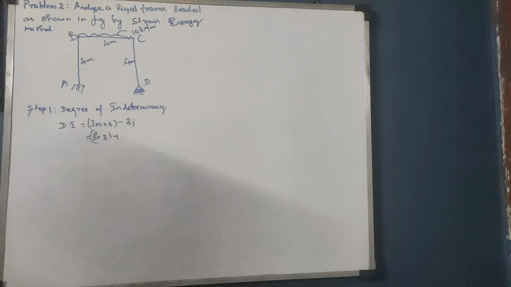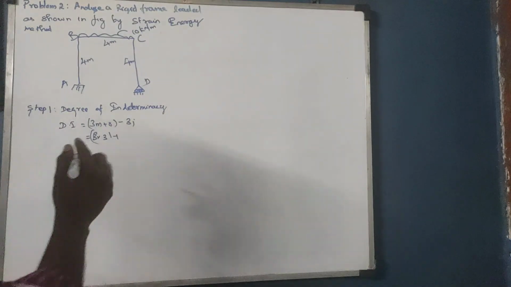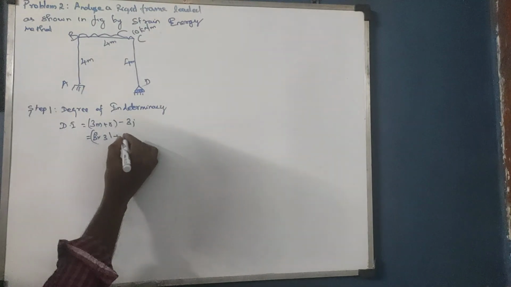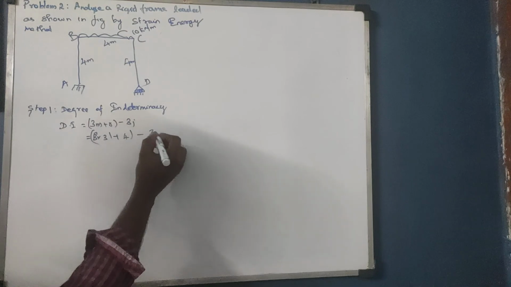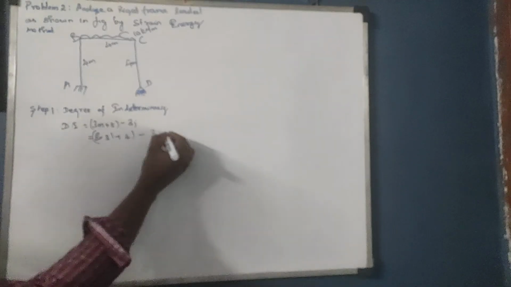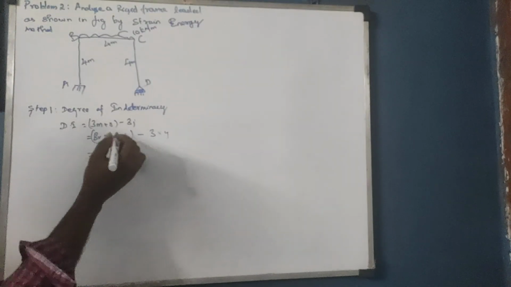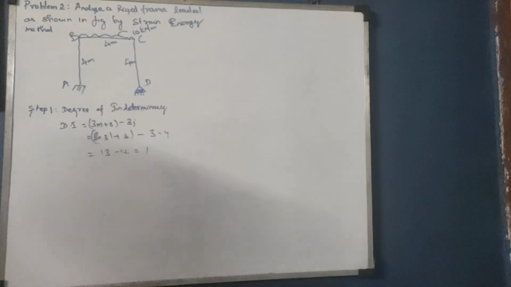For fixed support, unknown 3. It is a roller support. For roller support, unknown 1. So totally we have 4 unknown reactions. Minus 3 into, we have 4 joints A, B, C and D. So 9 plus 4, 13, minus 12 equals 1.